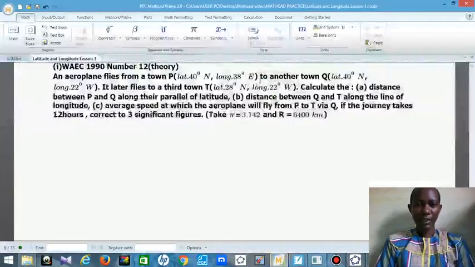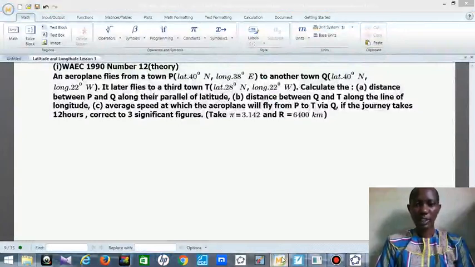Then the next point is point Q. It's still on the same latitude as P, 40 degrees north, but the longitude is 22 degrees west.